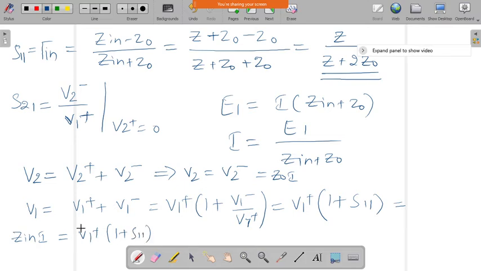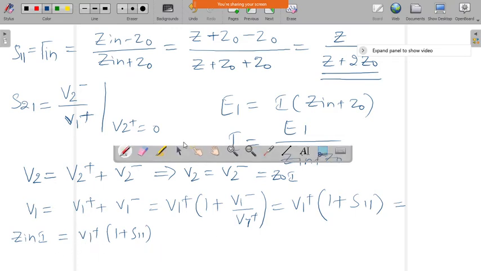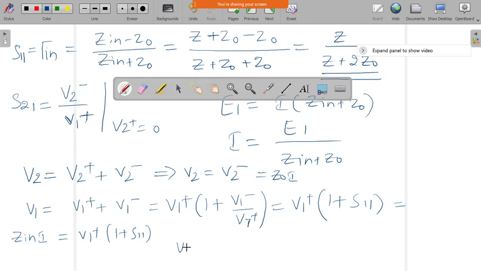Now we can find out what V1 plus is. From this equation, V1 plus is Z in into I divided by 1 plus S11. So now we can see we have found V2 minus and we have found V1 plus.